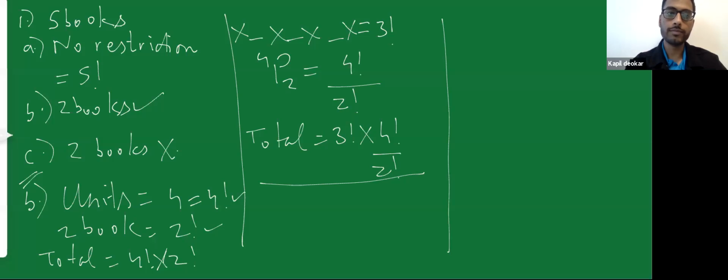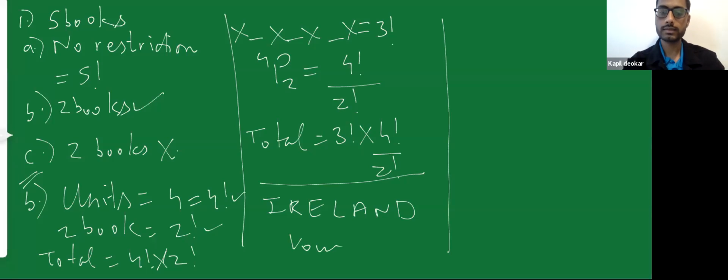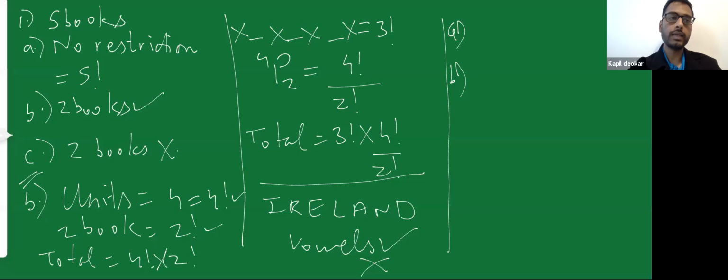Okay, so I'll give one more question. Arrange the letters of the word Ireland such that first case your vowels are always together, and second case your vowels are never together. If you have any doubts in this first question, type in, and if you don't have doubts, type in the answers for second.